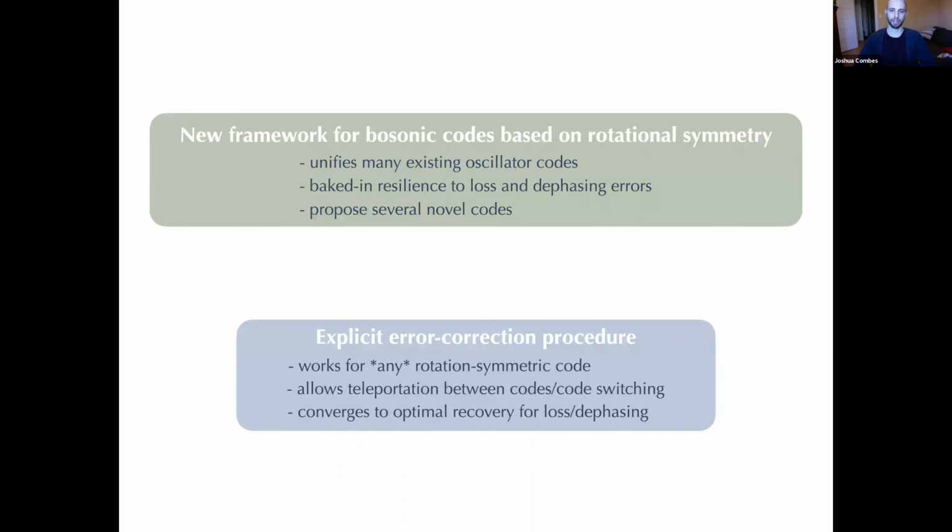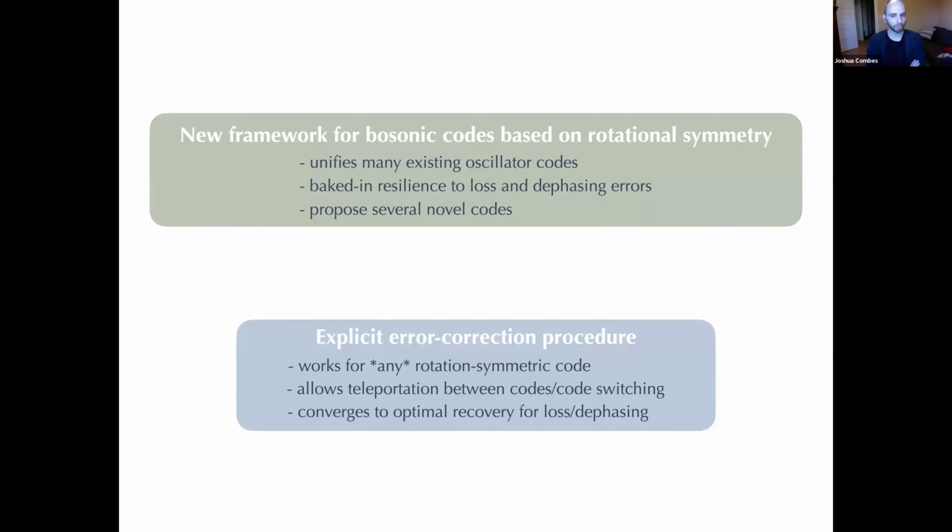Okay, and this is my summary slide. So the new work that Anna, Ben, and I did was essentially unifying a bunch of old codes into a framework that lets us do error correction on any code that has a rotation symmetry.